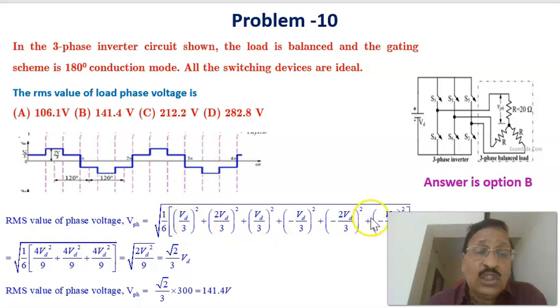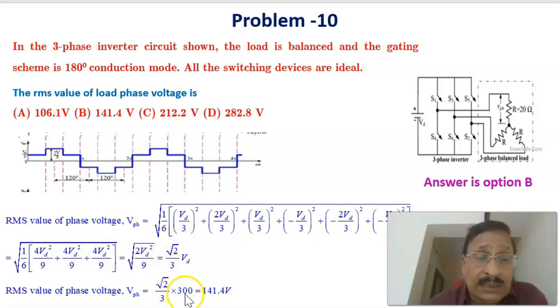That is the mean square: the square is taken and then the mean, because there are six intervals of 60 degrees, or pi by 3, each. So we square, take the mean, and then the square root. The root mean square value is the square root of 1 by 6 times 4VD square by 9 plus 4VD square by 9 plus 4VD square by 9, or root of 2VD square by 9. It is equal to root 2 by 3 VD.